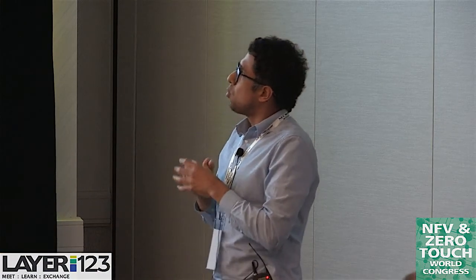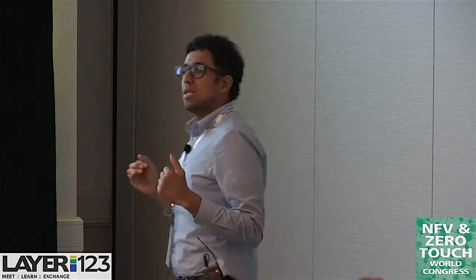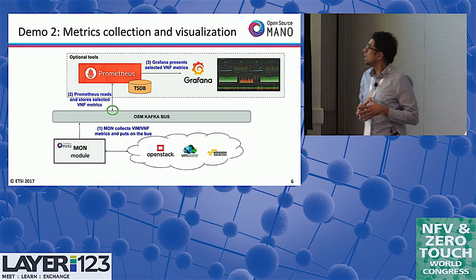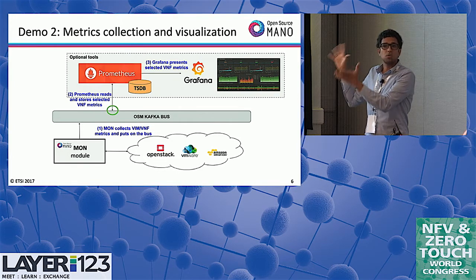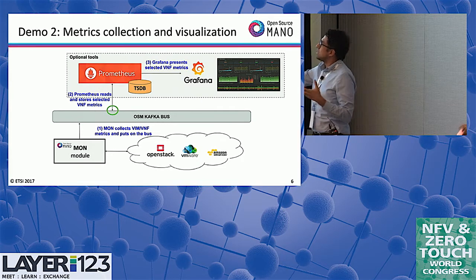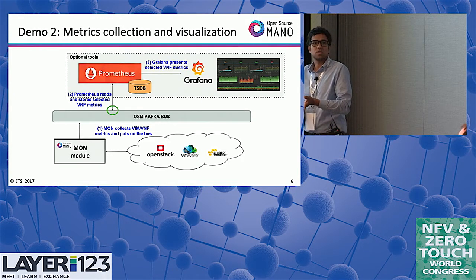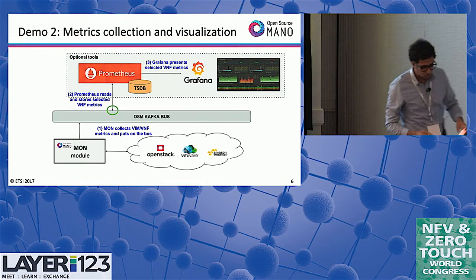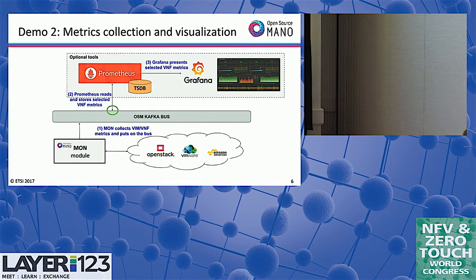For example, we are starting to propose a set of tools based on Prometheus and Grafana, but those will remain for now optional for the community to pick if they want to use them, following the documentation that we will make available, or if you want to just plug in your own system. What we are focusing on is making those metrics available for any system to integrate. So right now, they are available at that Kafka bus.